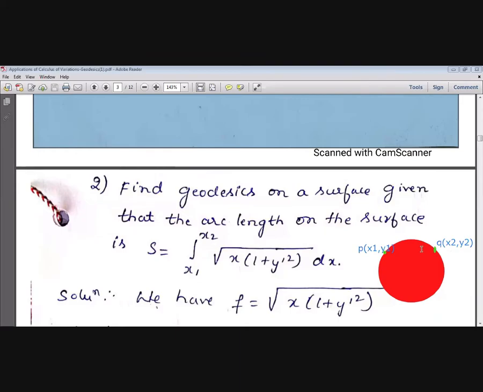Okay, we need to find the shortest distance between these 2 points. So earth's surface means we can't dig a tunnel. Okay, on earth's surface, what is the shortest distance? Parabola, we told this. Okay, so first thing is we need to take arc length.